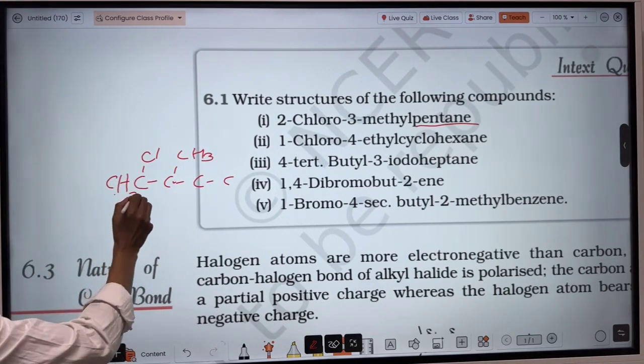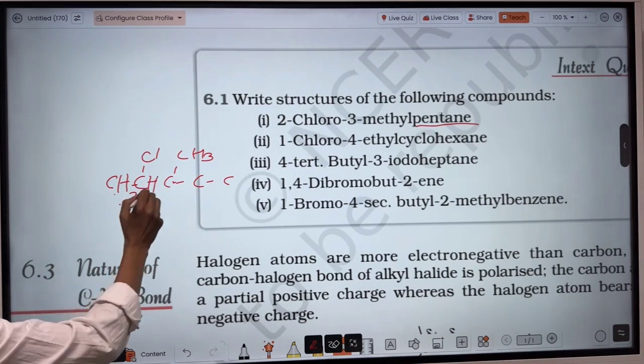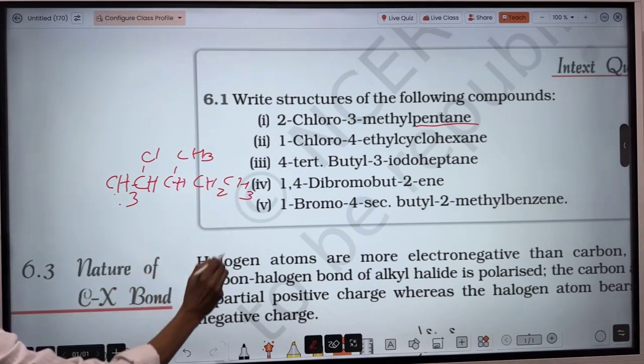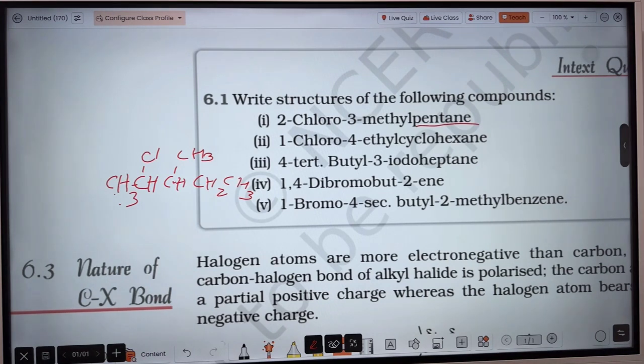Then after drawing, write the appropriate number of hydrogen atoms. So that is the structure of 2-chloro 3-methyl pentane.